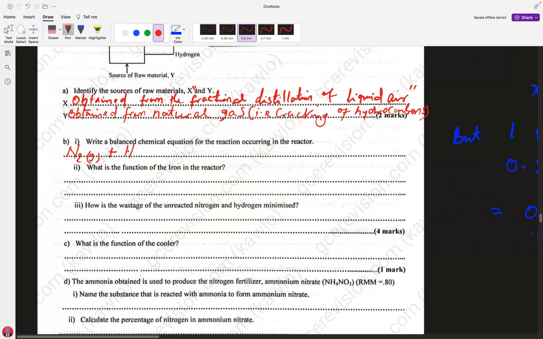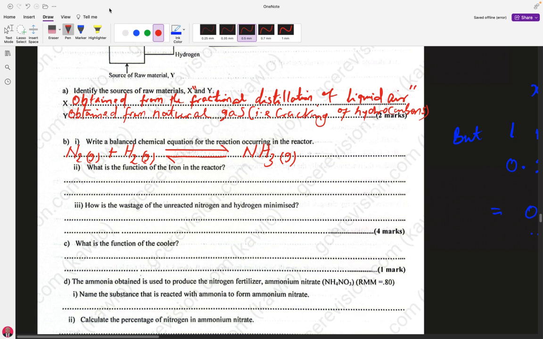Plus hydrogen, which is a gas. Now, this is in equilibrium. It's a reversible reaction. You need to draw it like that to show that it is a reversible reaction. Then you have ammonia that is being produced, which is still a gas.